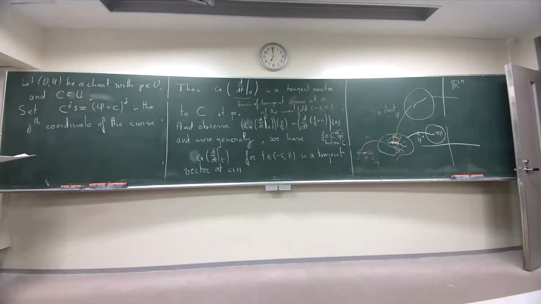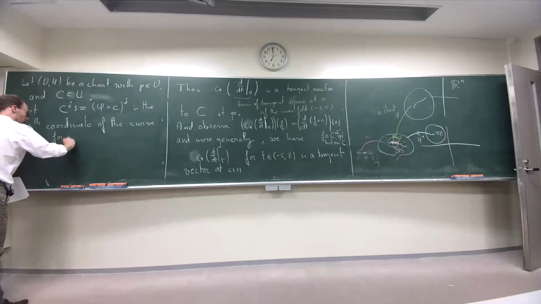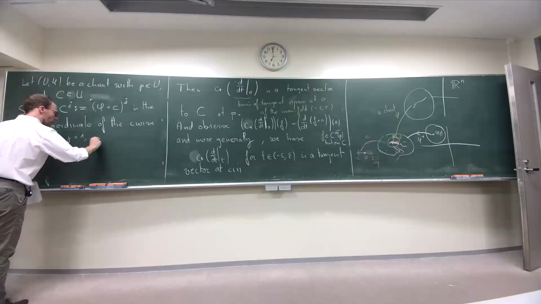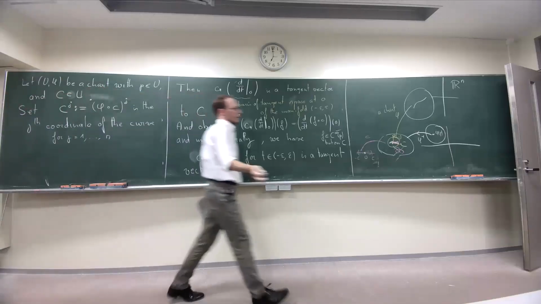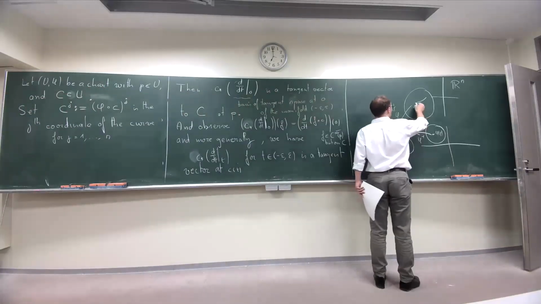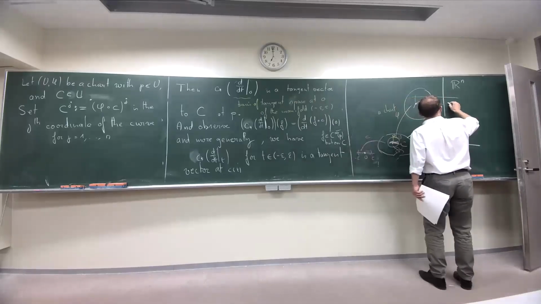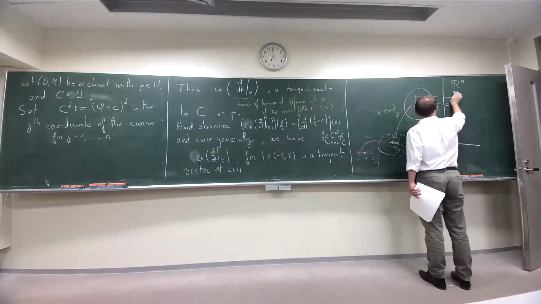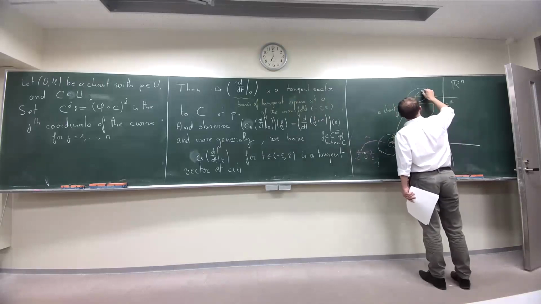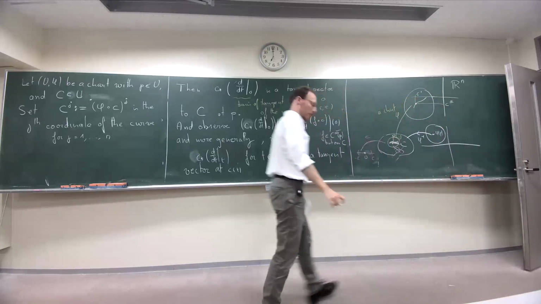It's a local coordinate. And for j from 1 up to n, because every point which is sent here has n coordinates. This is C2, and this is C1, the n coordinates.